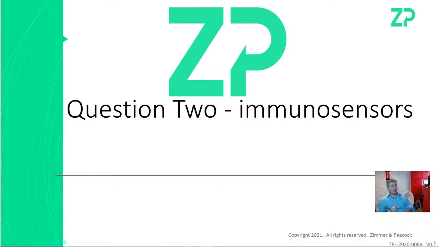A self-assembled monolayer often has what's called a thiol group. This is a sulfur atom with a proton on it, SH if you're a chemist, and those bond really well to gold electrodes. I've really gone away from promoting gold electrodes these days for doing immunosensors.